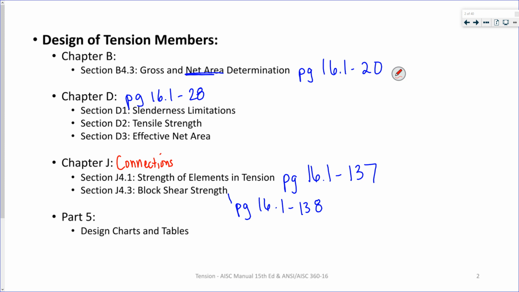So this is all the spec, the specification. These are the actual design equations that decades and centuries of engineers have come up with to guide our design of steel structures.